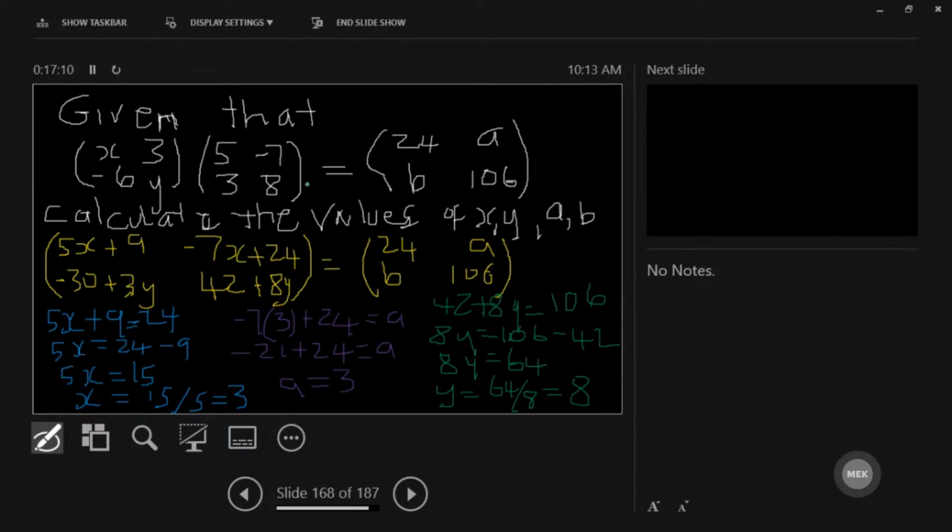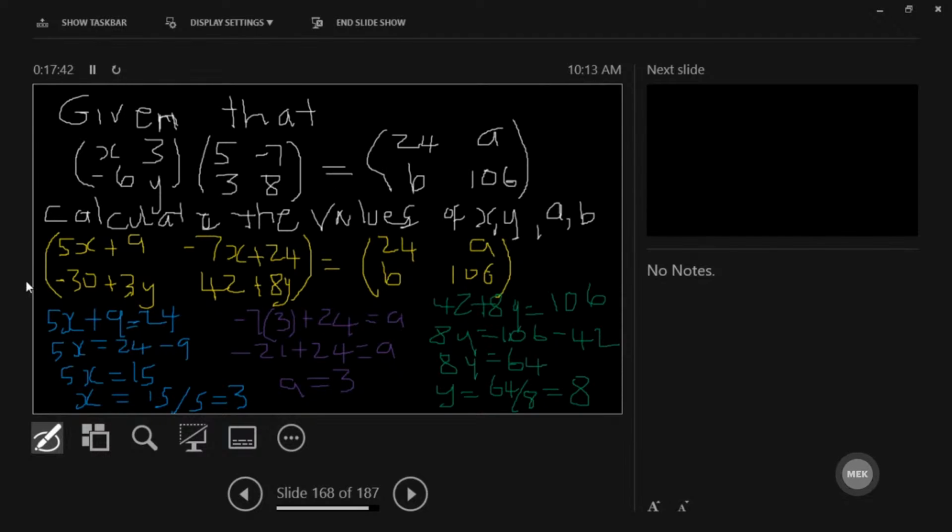So when we multiply these two matrices, we're going to end up with this matrix. They gave us two of the values already, which we got. And they want the other two. So we have to work out the multiplication, the product of these two, and equate and see which numbers line up in these two corners here.